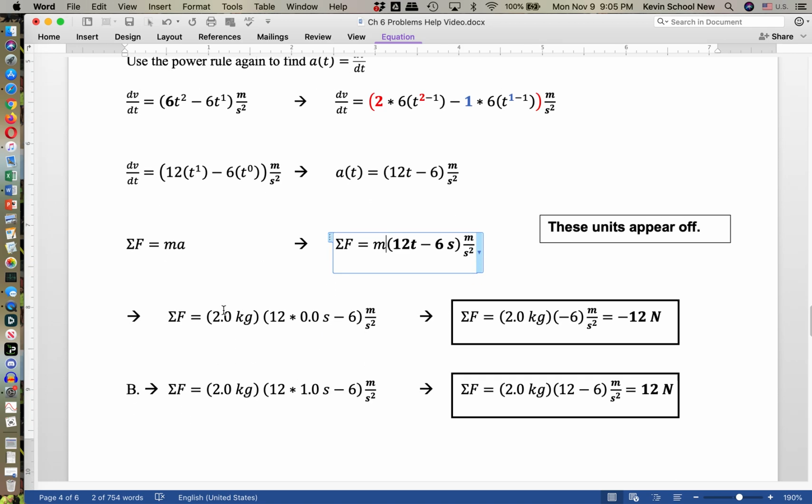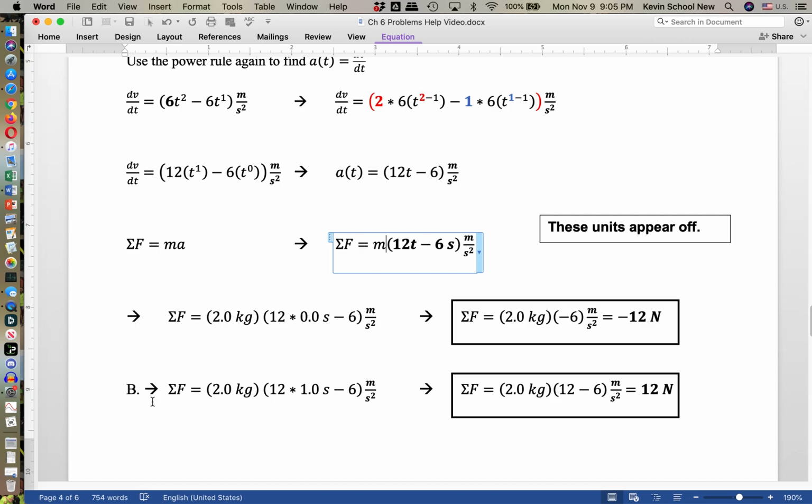So I'm going to take 2 kilograms times the quantity 12 times 0 seconds, since part A said solve at 0 seconds, minus 6. So I end up with 2 times minus 6, which gives me a magnitude of 12, but negative for the direction. The units would be kilogram times meter per second squared, and since it's a force, that should be written as a newton. So negative 12 newtons.